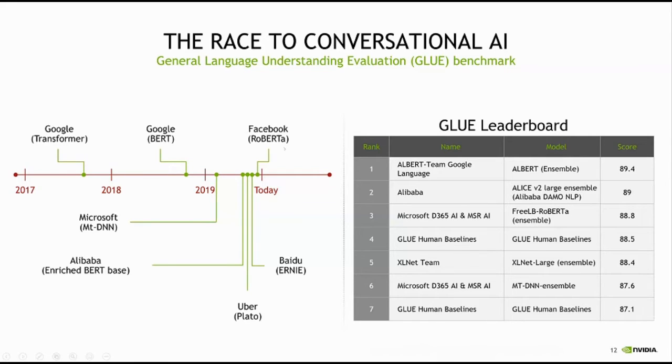There are different tasks, and if you look at the leaderboard, you'll notice a lot of different models like ALBERT, Alibaba DAMO architecture, RoBERTa, and XLNet, and so on and so forth, which are getting really high scores for a lot of different GLUE tasks. And if you look at the base architecture behind even ALBERT, or probably even RoBERTa, it's basically a transformer based architecture, which we also call transformers for BERT.